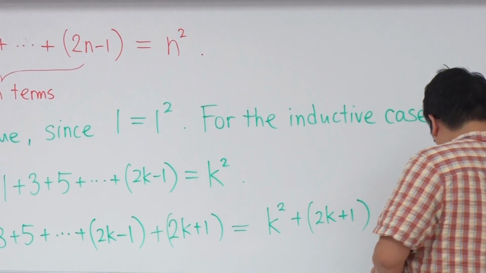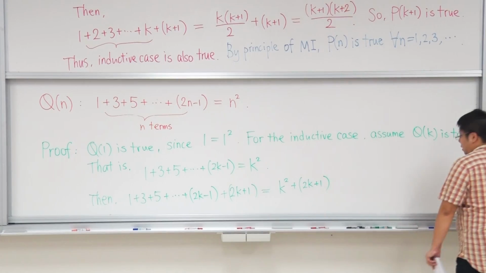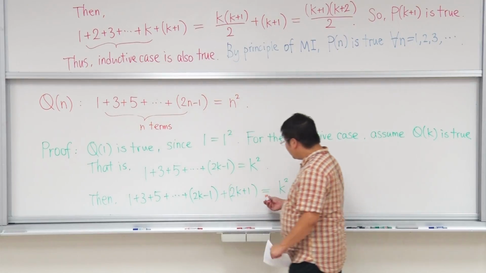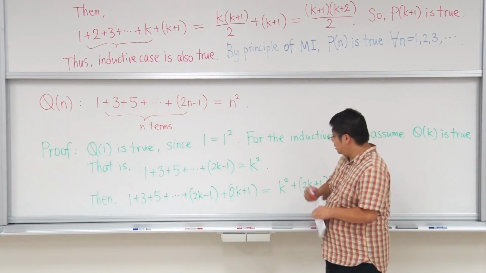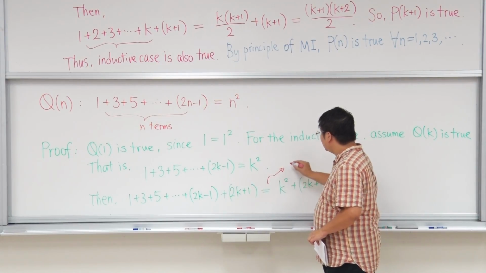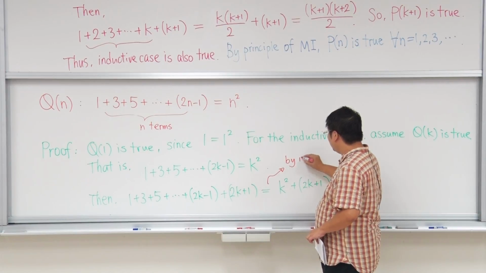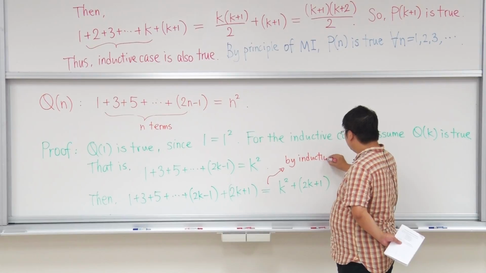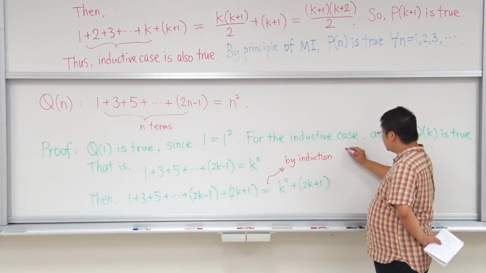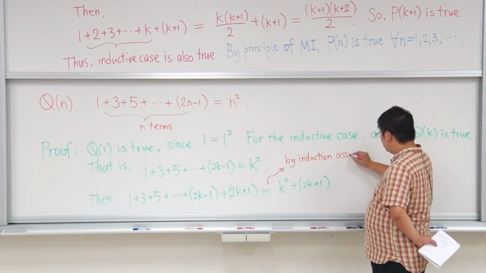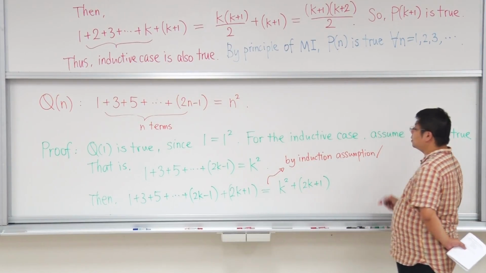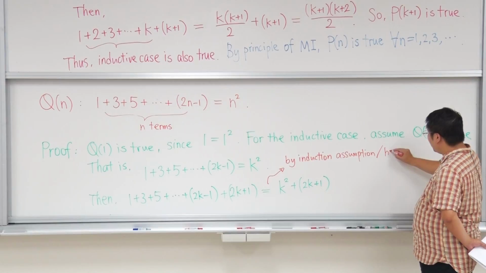And if you worry that the reader does not know why you get an equality here, you mention this. This is by the induction assumption, or sometimes we call it the induction hypothesis.